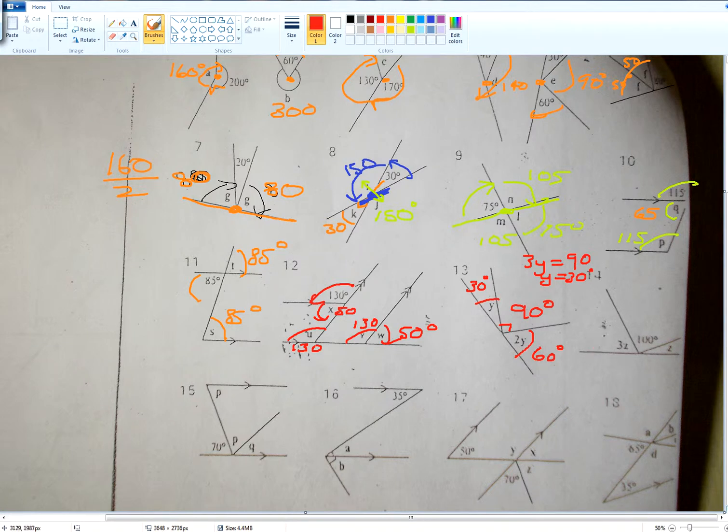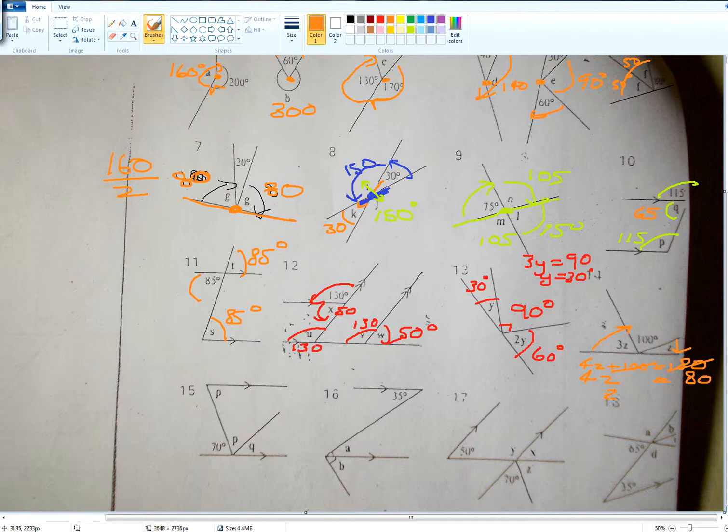Okay, here we have 3z and z. What's 3z add z? 4z. And then add a is equal to 180. Opposite of adding 100 is minusing 100. 4z equal to this.